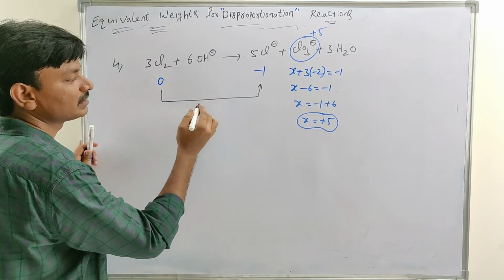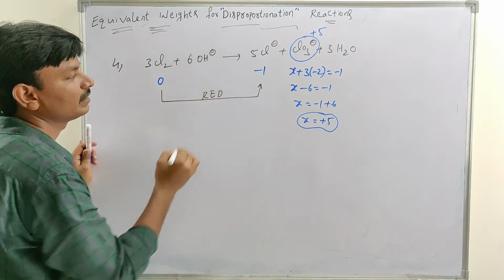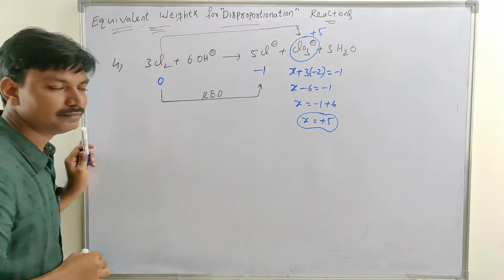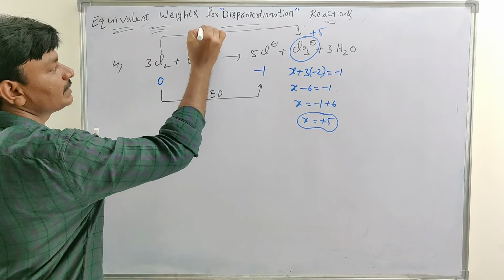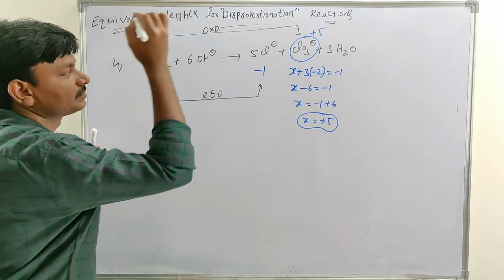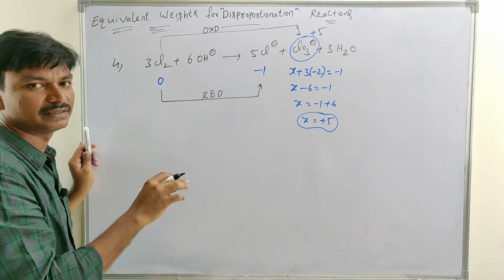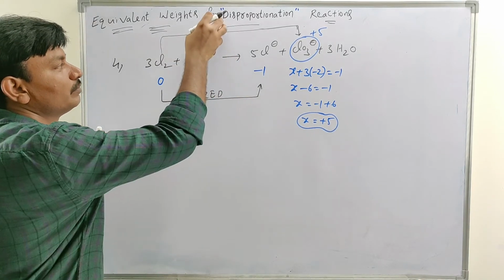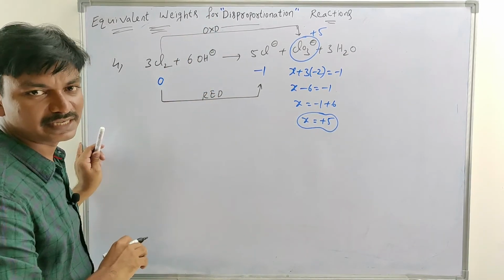In the second conversion, 0 to +5, the oxidation number is increasing, which is oxidation. Clear? Since the Cl2 molecule is simultaneously involved in both oxidation and reduction, that is a disproportionation reaction.